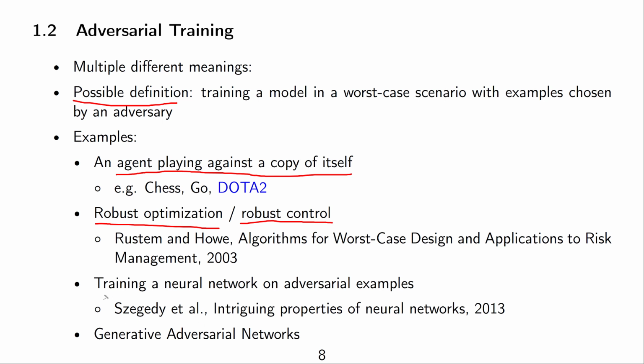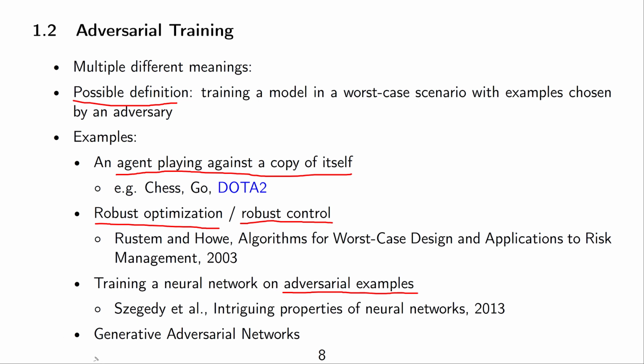Then, what we've already briefly discussed is the idea of training a neural network using adversarial examples. One goal of this training would be to make the neural network more robust using adversarial examples, so that the network then becomes less sensitive to these examples.